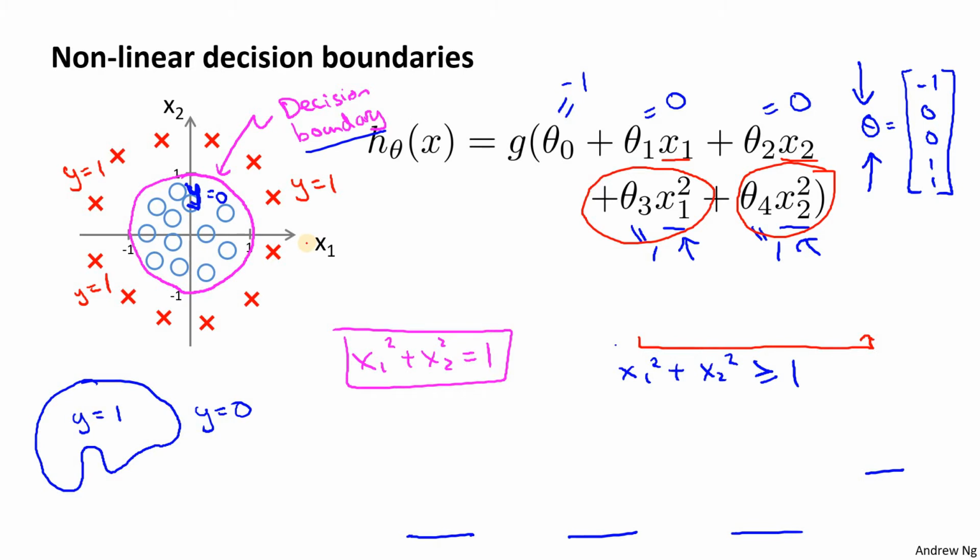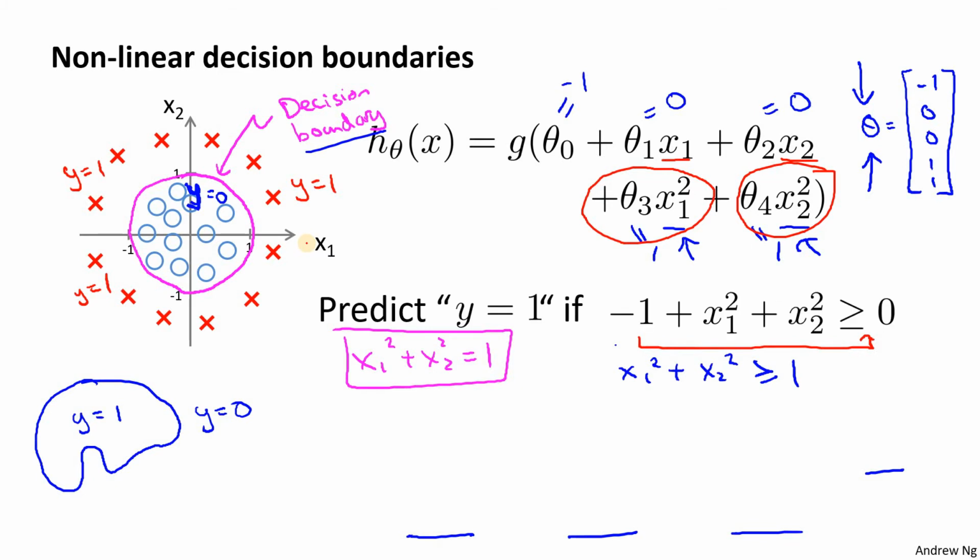So like this, we can have non-linear and linear decision boundaries. If my circle is represented by this formula, we can say that we will predict y equal to 1, the outside red class, when this function has a value which is greater than 0.